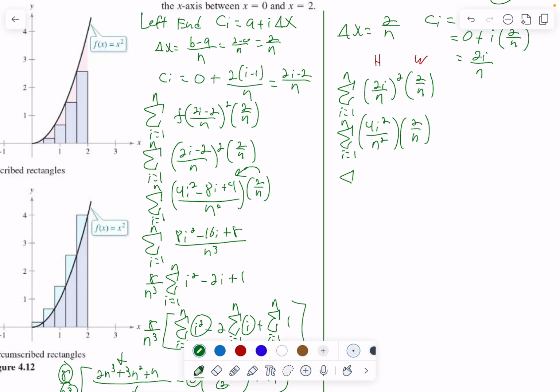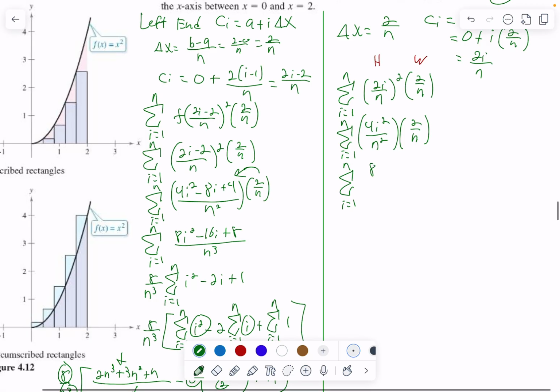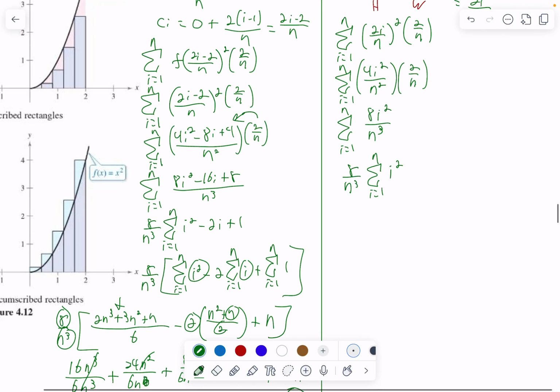This gives me the sum from i equals 1 to n of 8i squared over n cubed. Now, 8 and n cubed can get factored out and brought outside, and I'm left with just i squared. Okay, which actually makes life a little bit easier.